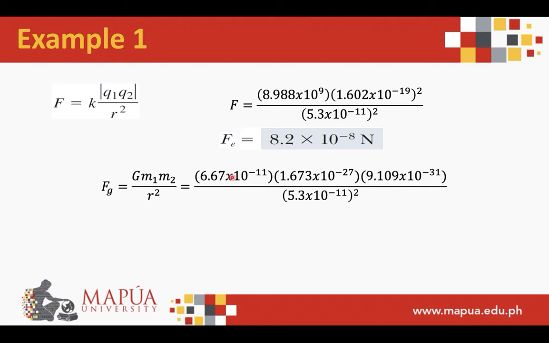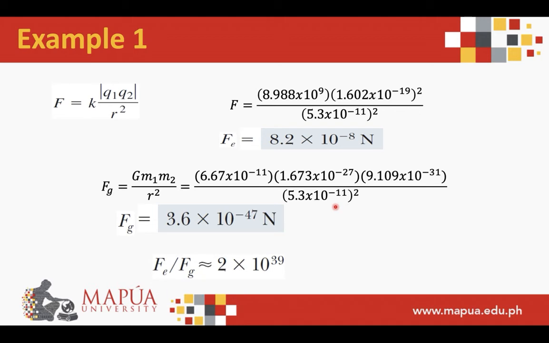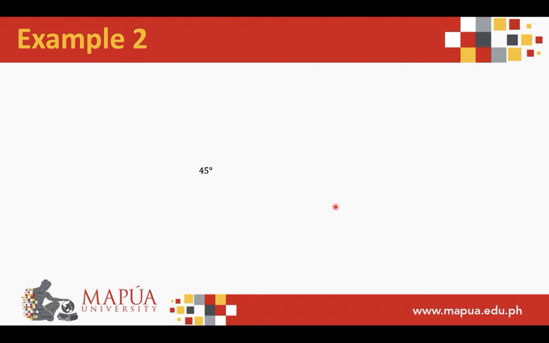This is the gravitational constant G, and the square of the distance. Computing, we get 3.6 times 10 to the negative 47 newtons. So the ratio between Fe and Fg will be 2 times 10 to the 39.